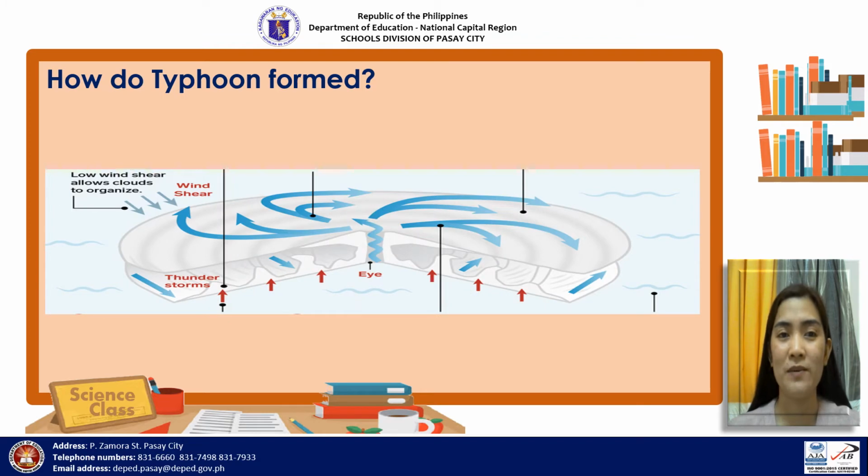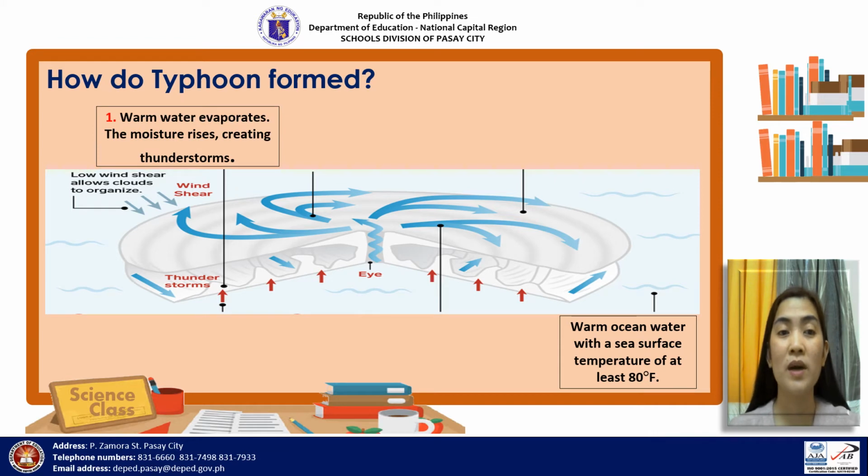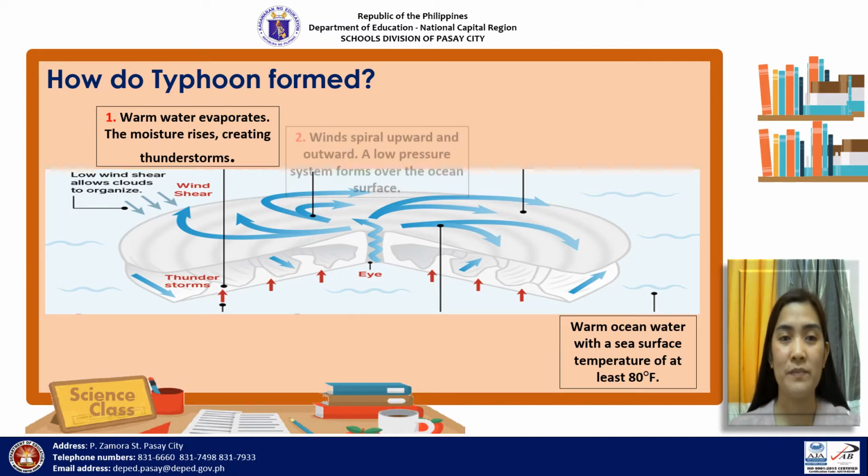As mentioned a while ago, a typhoon forms over the ocean. But the ocean must have warm water with a sea surface temperature of at least 80 degrees Fahrenheit or 26.5 degrees Celsius. First, the warm water evaporates and the moisture rises, creating a thunderstorm.